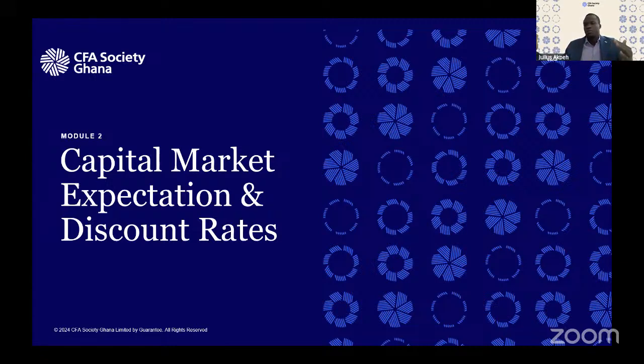In other words, we all agree that $1 today is worth more than $1 in the future. And because of that, we cannot sum the two together. Can you take $1 in 2025 and add it to $1 in 2026? No, in finance, you can't do that.